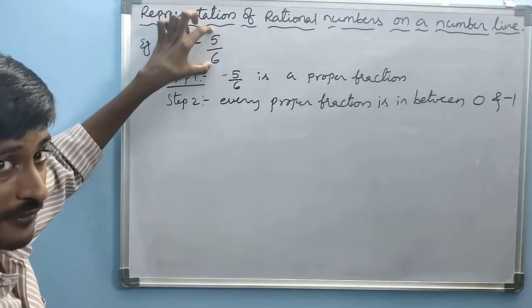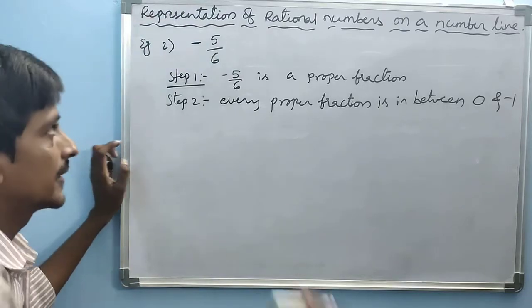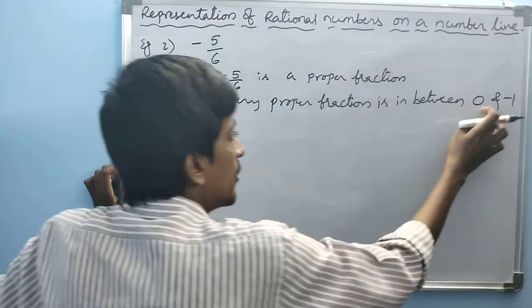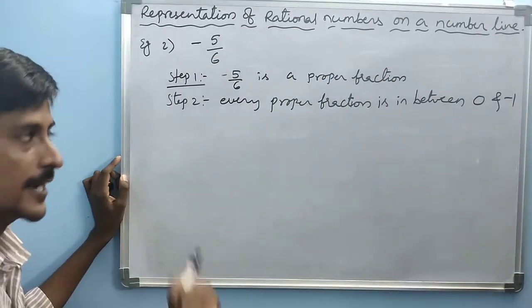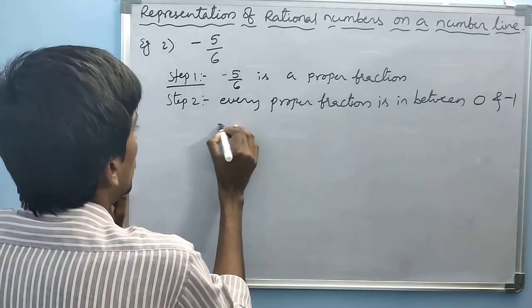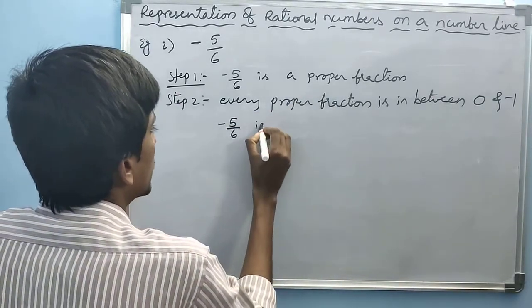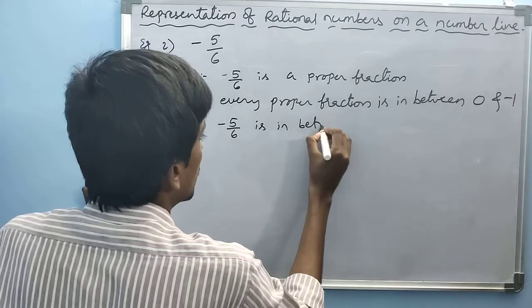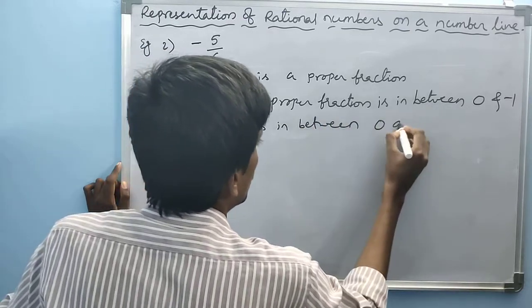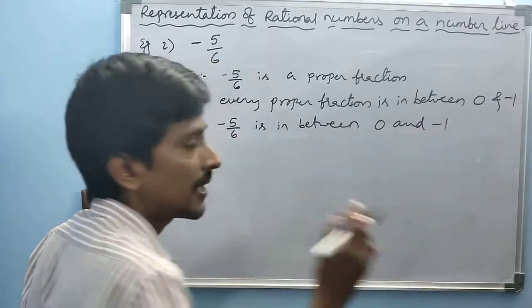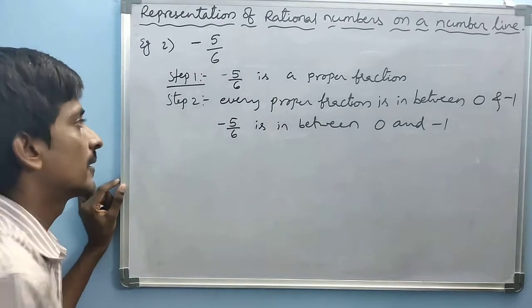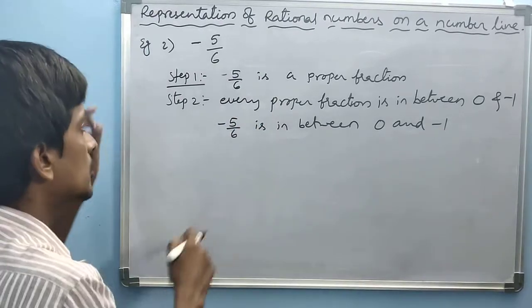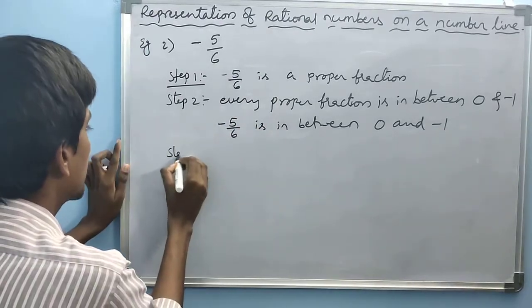Positive proper fraction means 0 and plus 1. Here negative number means 0 and minus 1. Okay. So, minus 5 by 6 is in between 0 and minus 1, or minus 1 and 0. Step 2 is over.